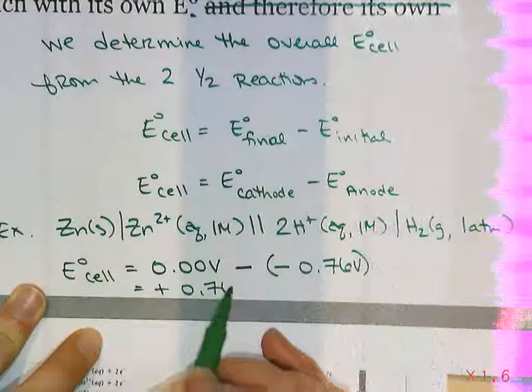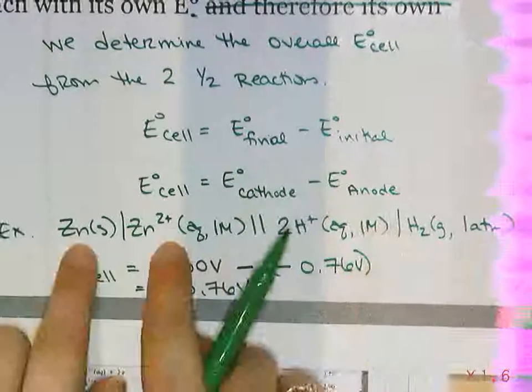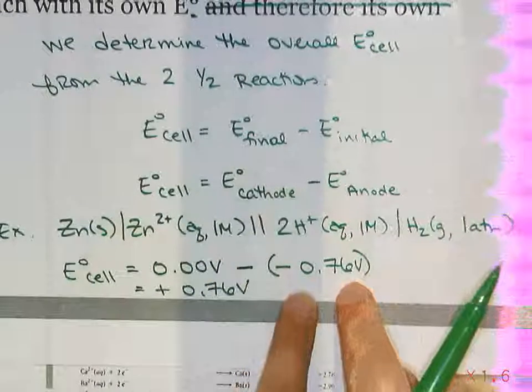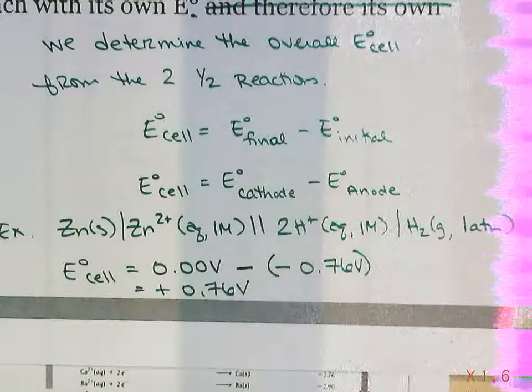So you take the value off the table for this reaction, and make sure you plug it into the right part of the equation. Don't change the sign, don't multiply it by a stoichiometric coefficient, you just leave it. If it's a positive value, what does that tell you about the spontaneity of the reaction? Spontaneous. All right, I'm going to save the rest of that for Wednesday, so we have time for our quiz. Yay!